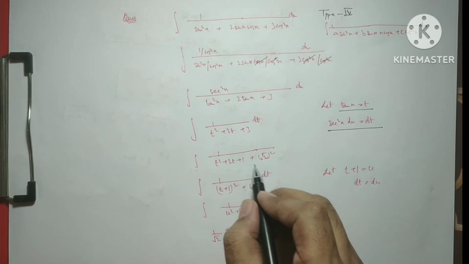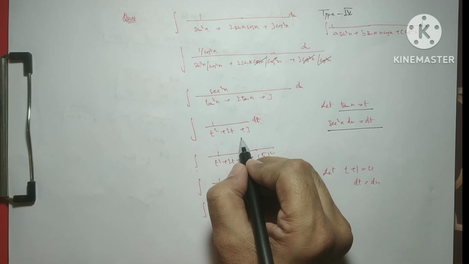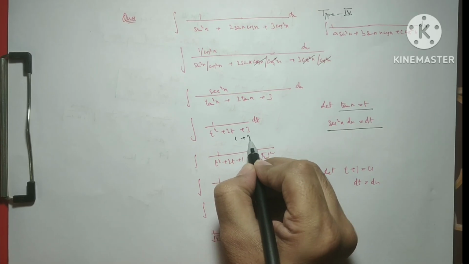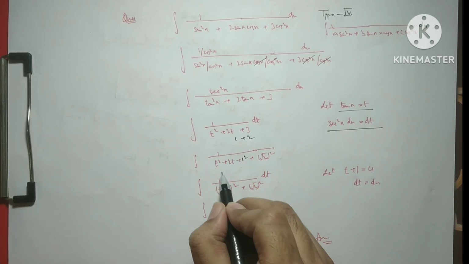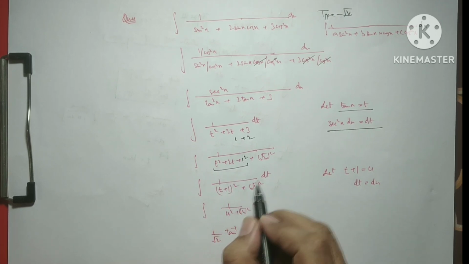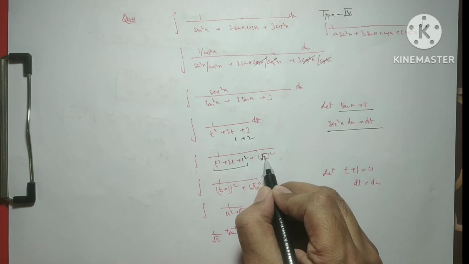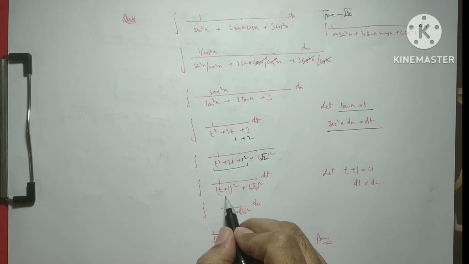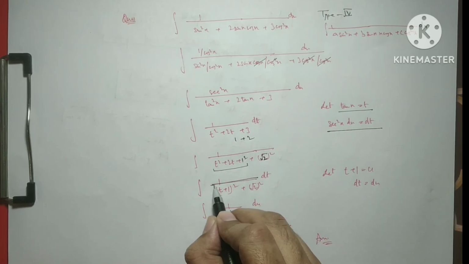Right now we break 3 as 1 plus 2. If we take 1 with these, this becomes a whole square, t plus 1 whole square, and this 2 is root 2 square. Right now this is t plus 1 whole square plus root 2 square.